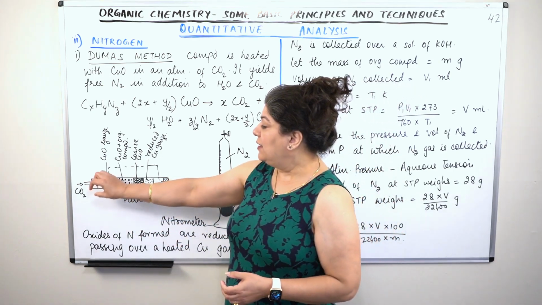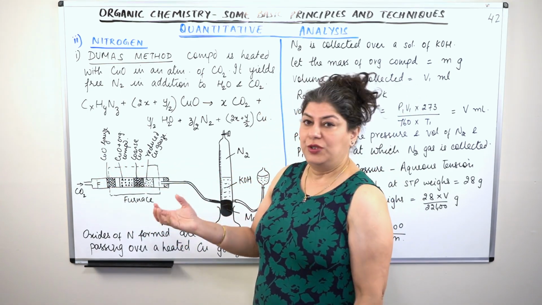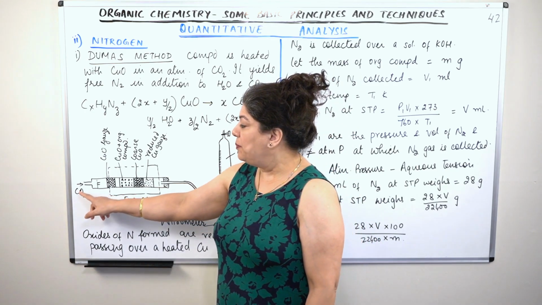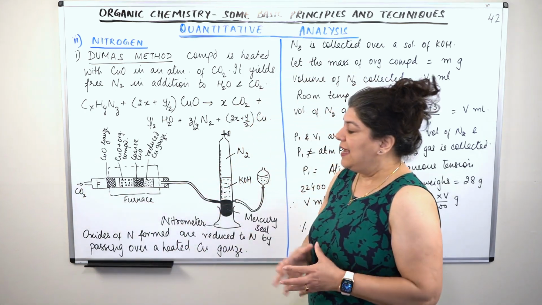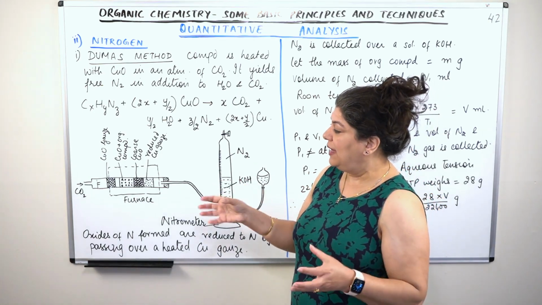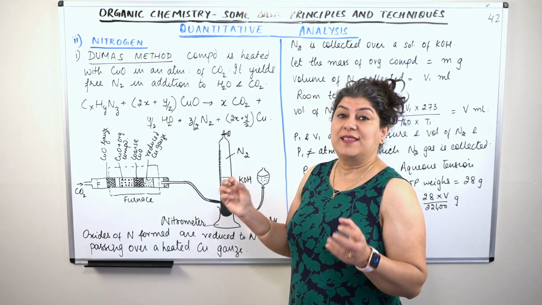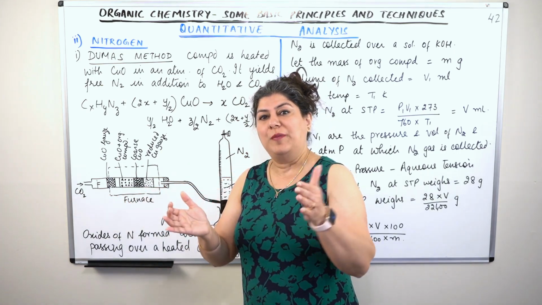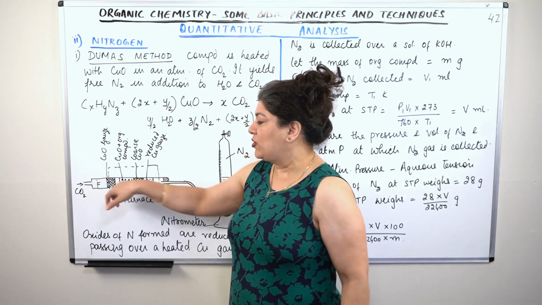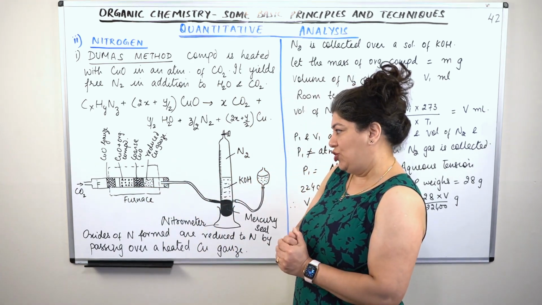We took the compound in a combustion tube and we burnt it in excess of oxygen. In this case, we heat the compound in an excess supply of carbon dioxide, with carbon dioxide being given into the combustion tube.